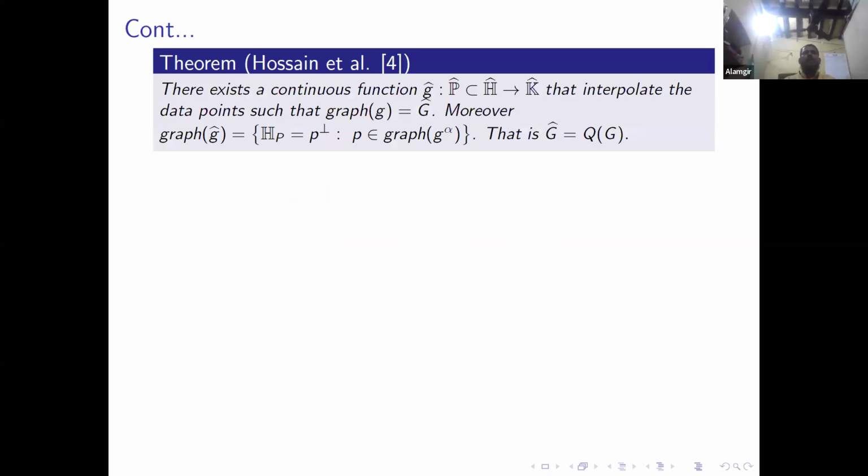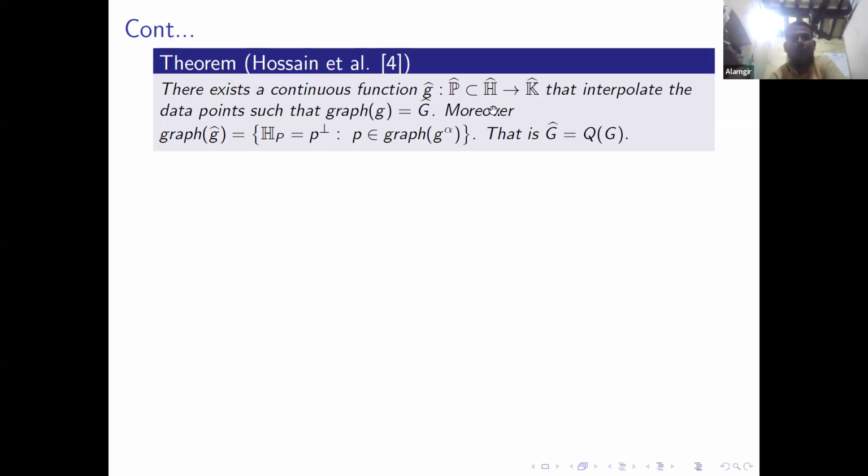Now we have proved that theorem. As we have already seen in the Euclidean space or some nonlinear spaces, we can prove that there exists a function z hat that interpolates the data points, and the graph of z hat, sorry, this is a typo, this is actually g hat, is equal to capital G hat. This completes the theorem, but there is some more extension.